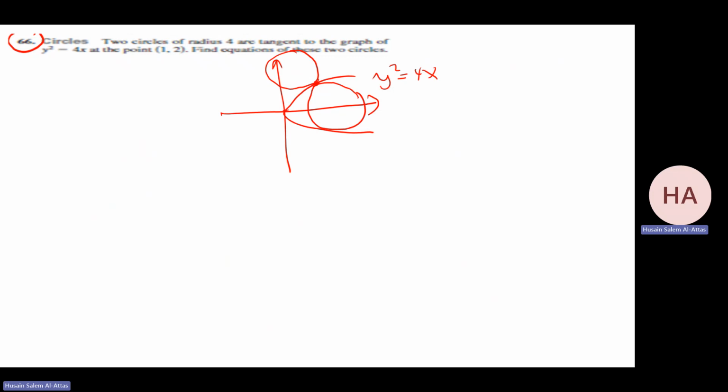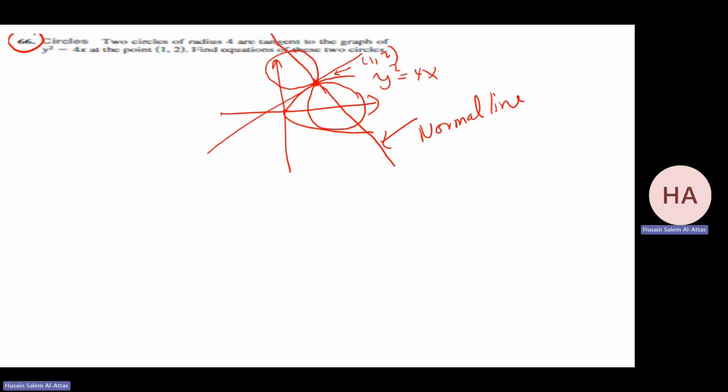The catch is where? This is the tangent line. Since the circle is tangent to the curve, this will be the normal line. This is the point of tangency, which is 1 and 2.